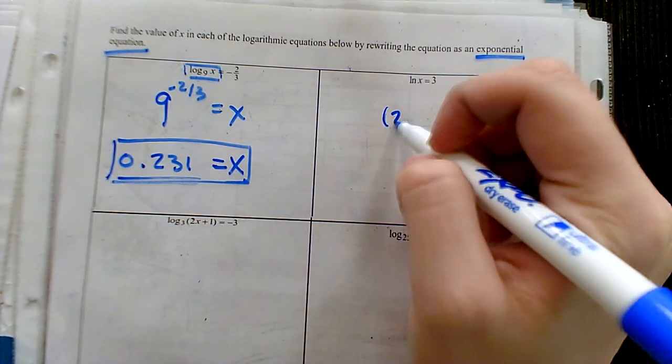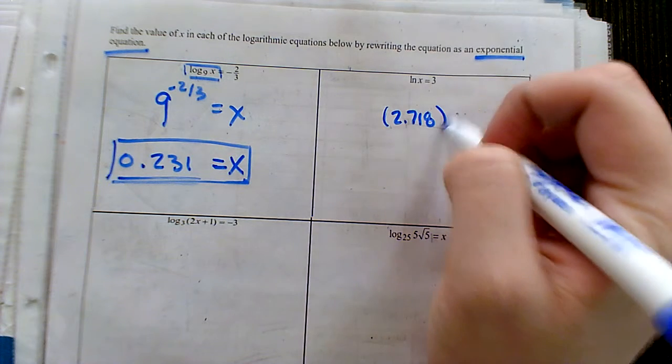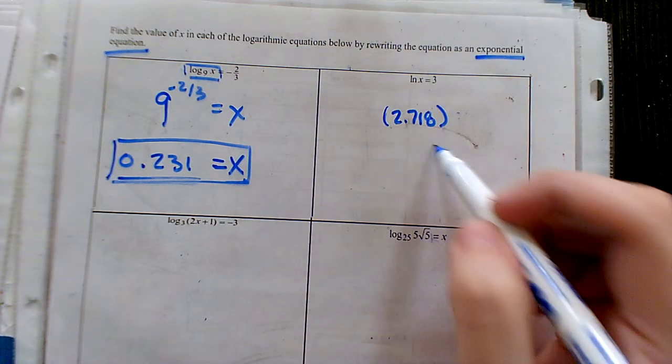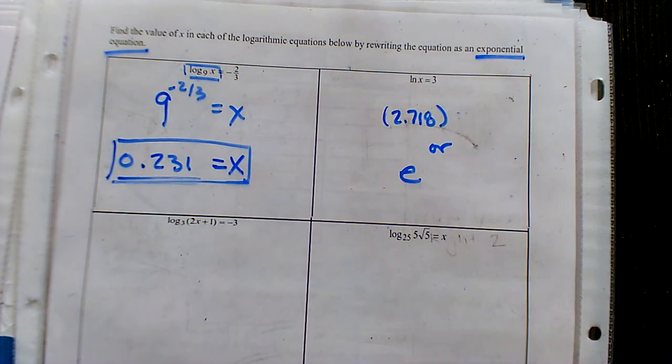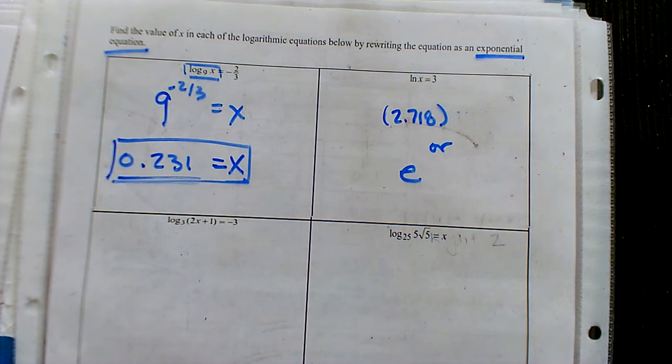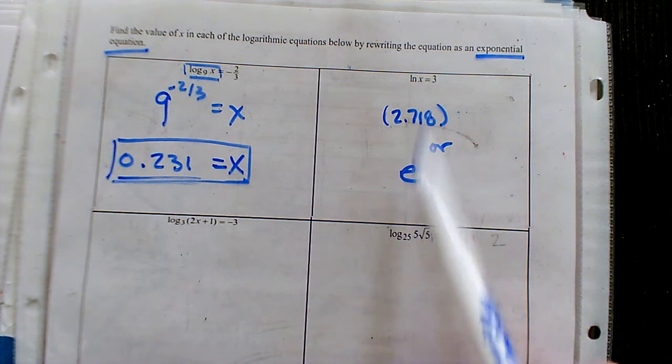You could write 2.718, or you could write e. They mean the same thing, just like for pi, you could write 3.14 or you could write pi. So there's our base.